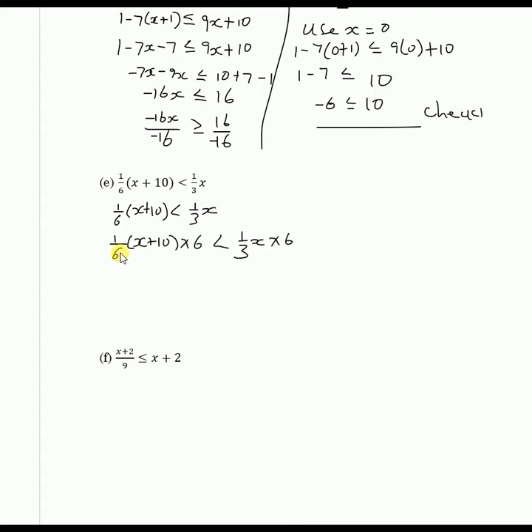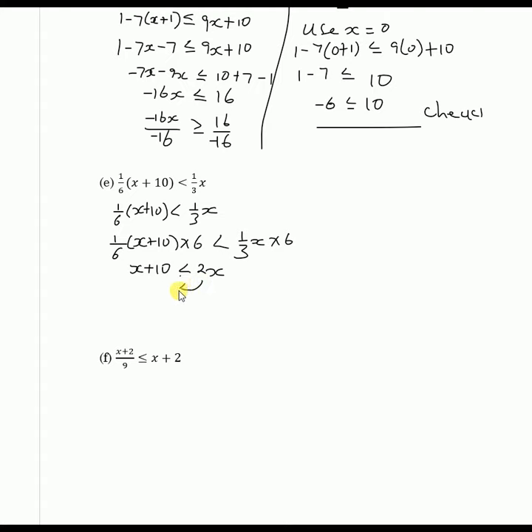So this 6 here will cancel with that 6, and I remain with x plus 10 on the left hand side. This one is less than, now 6 by 3 is 2, so this is less than 2x. That's what I have there.